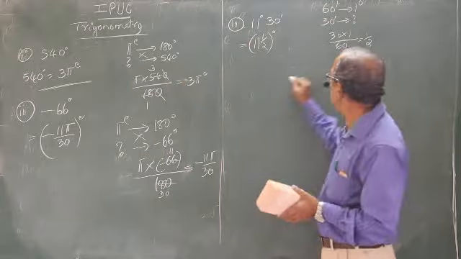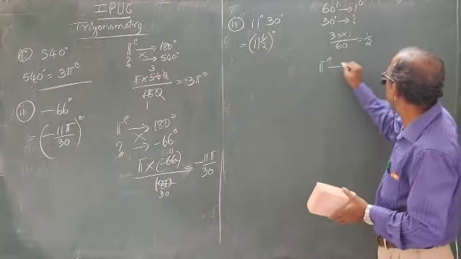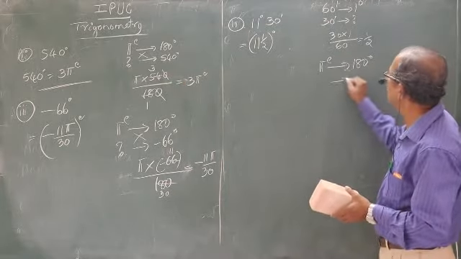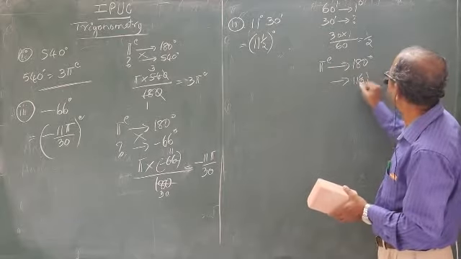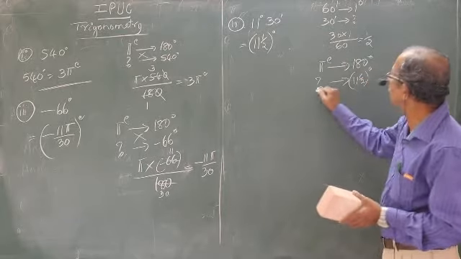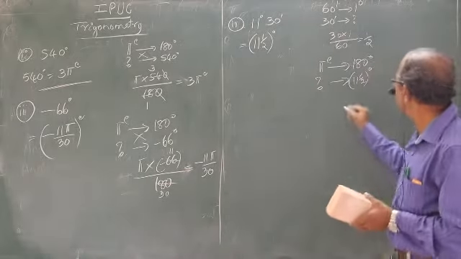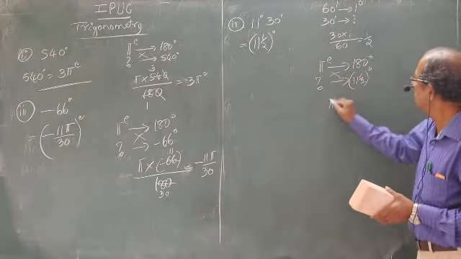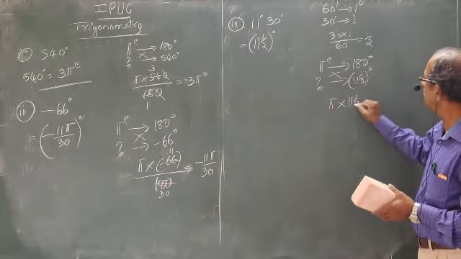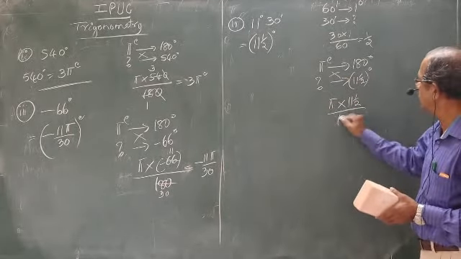It is easy. Pi radian 180 degree. 11.5 degree equal to how much? Same procedure. It is pi into 11.5 divided by 180.